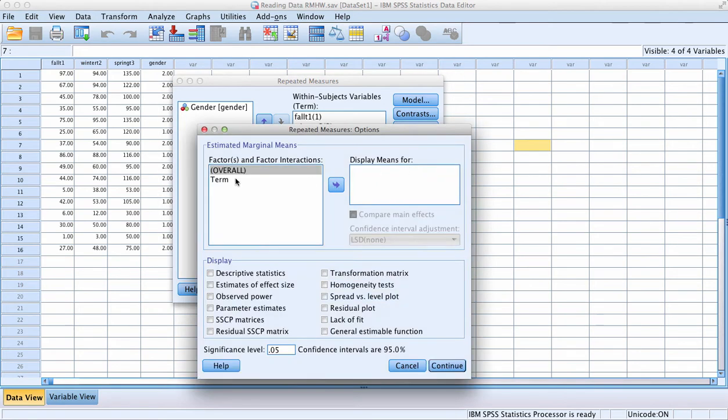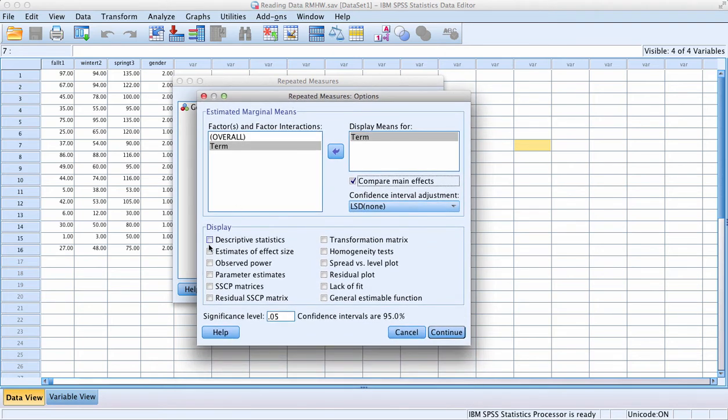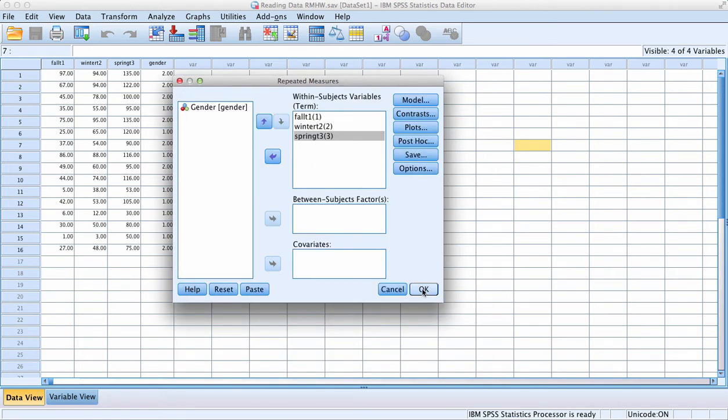But in terms of the options, we're probably going to want the means for each one of the terms. So we want the mean oral reading rate for fall, winter, and spring, and we could compare those main effects. We also want to get the descriptive statistics, the estimates of effect size, the observed power, and we'll also select the homogeneity tests. And then we'll click on Continue and OK.